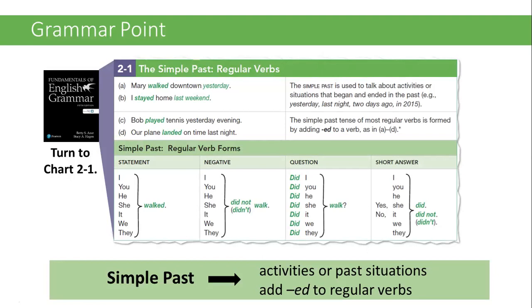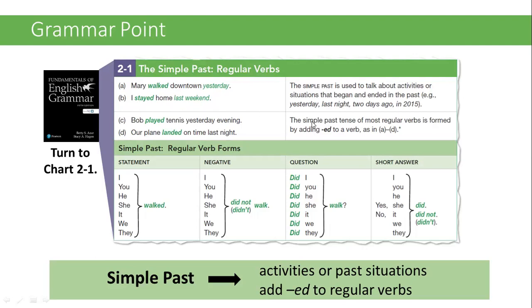Okay, so be careful, remember the concept, the structure. So we use verb two for simple past, and the activities start and stop in the past. For example, Mary walked down yesterday, and I stayed home last weekend.